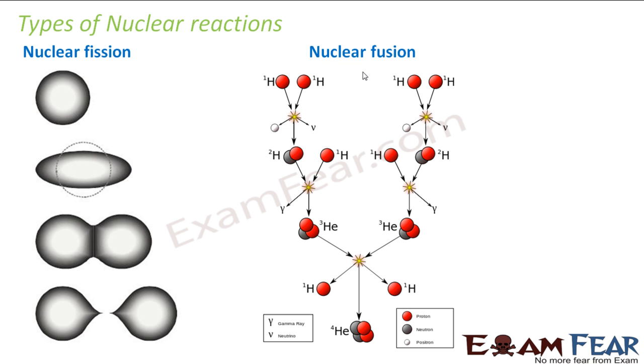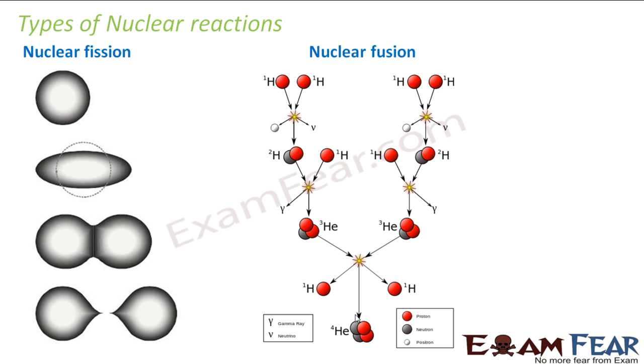Whereas when I talk about fusion, if you see here, there are two hydrogen atoms. These two combine together to form heavy hydrogen, that is deuterium. Again, this deuterium combines with another hydrogen and they form helium-3. Again, this helium-3 combines with another helium-3 and then they form helium.